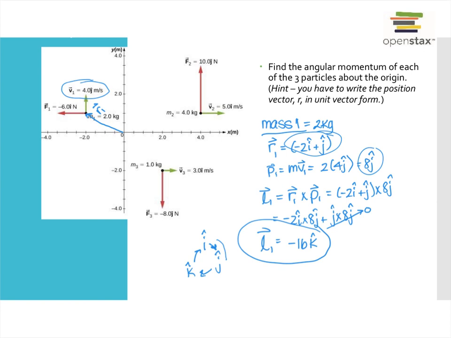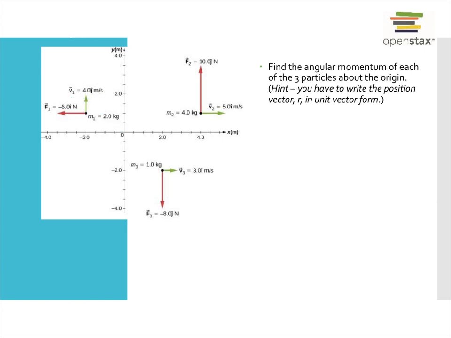So let's try another. So this will do mass 2. And that mass is 4 kilograms. R2, let's draw it. We go from here to here, is 4 units in the x direction and 1 unit up in the y direction.